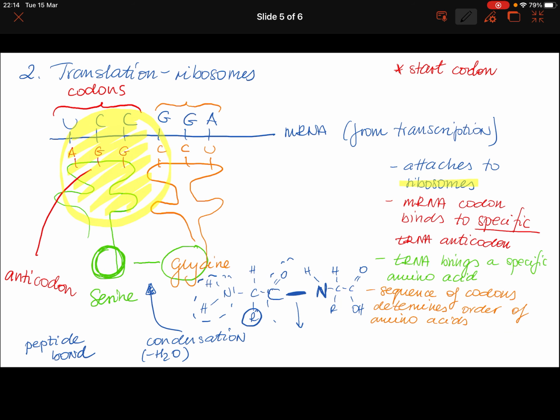This is where the second process of protein synthesis, translation, takes place on the ribosomes. So mRNA attaches to the ribosomes.